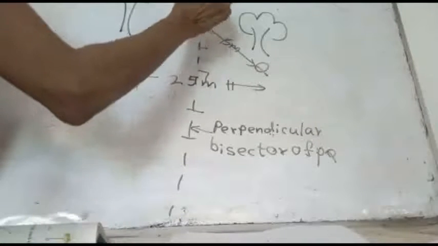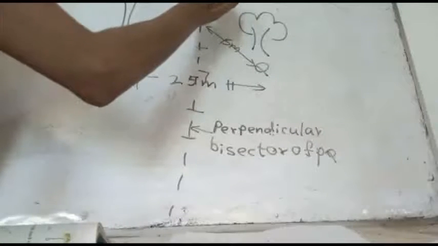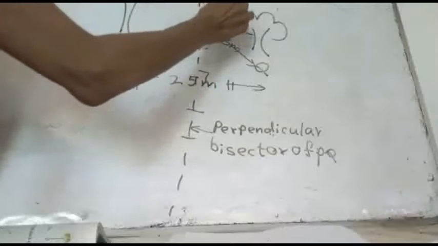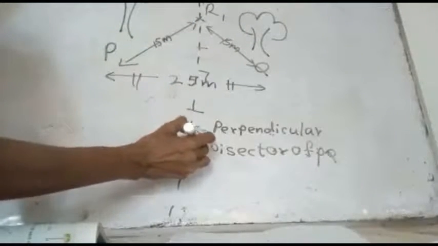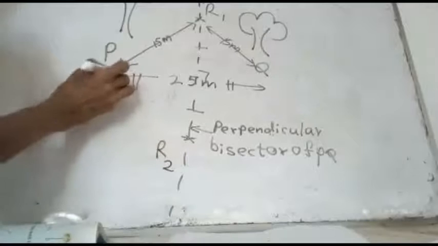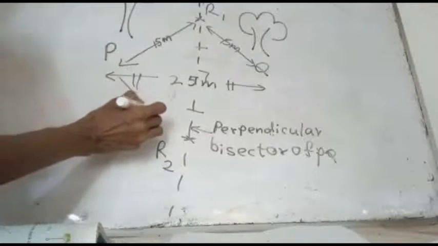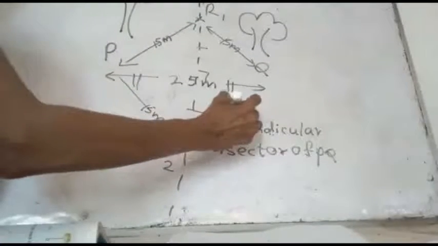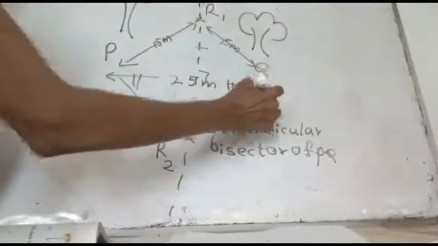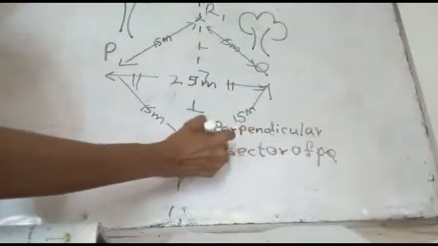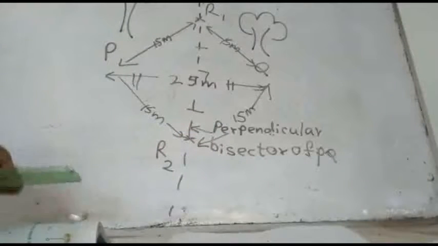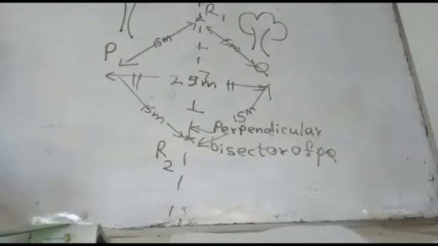We name this point R1, this point R2. The points are R1 and R2, 15 meters from each tree.